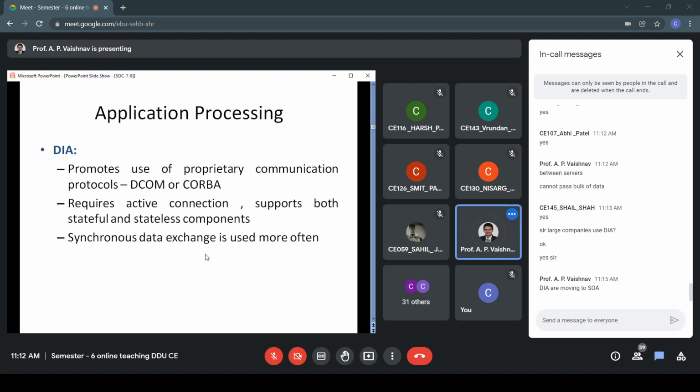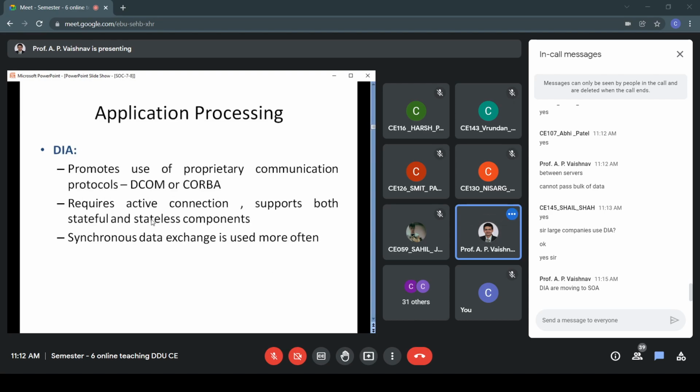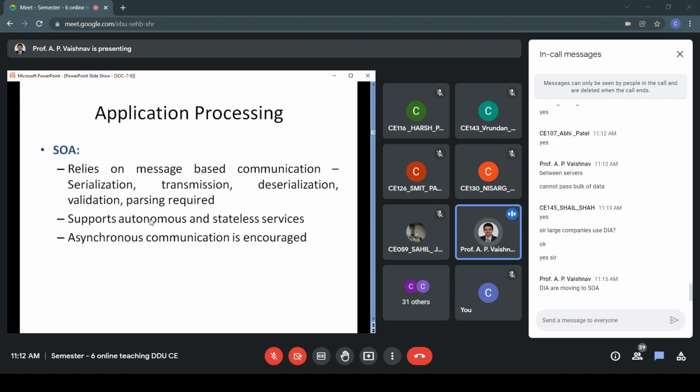Okay. So first point, we are using proprietary communication protocols. For SOA, we use message-based communication or standard communication, right? But remember, when you are doing something which is generic, it is going to involve overhead, right? We are going to do serialization and deserialization, right? So I think yesterday only you coded that calculator, right?